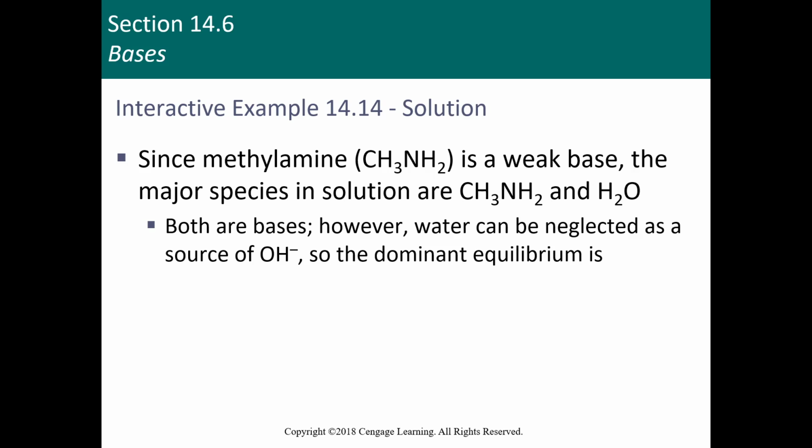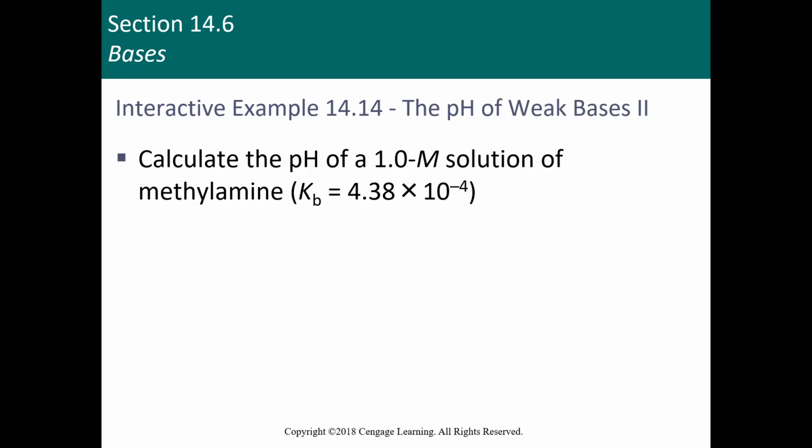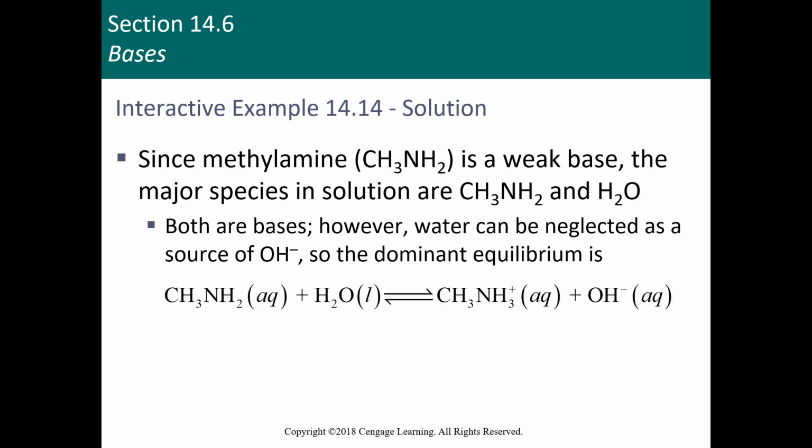Our major species, again, are going to be that methylamine and water. In this case, we have a pretty significant concentration of that, and its Kb is moderately large. And so water's autoionization is not going to be what we have to deal with.